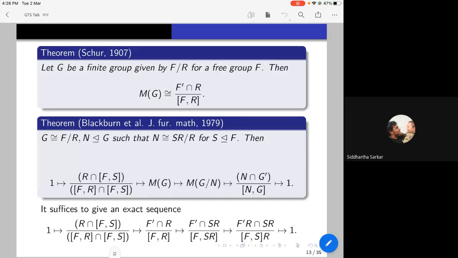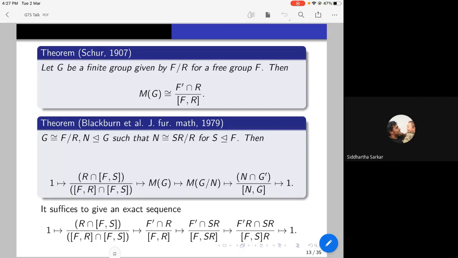If G is given by F/R and N is a normal subgroup of G such that N is isomorphic to SR/R for a normal subgroup S in F, then we have an exact sequence: 1 to (R ∩ [F,S])/([F,R] ∩ [F,S]) going to M(G), then going to M(G/N), going to (G' ∩ N)/[N,G], going into 1.